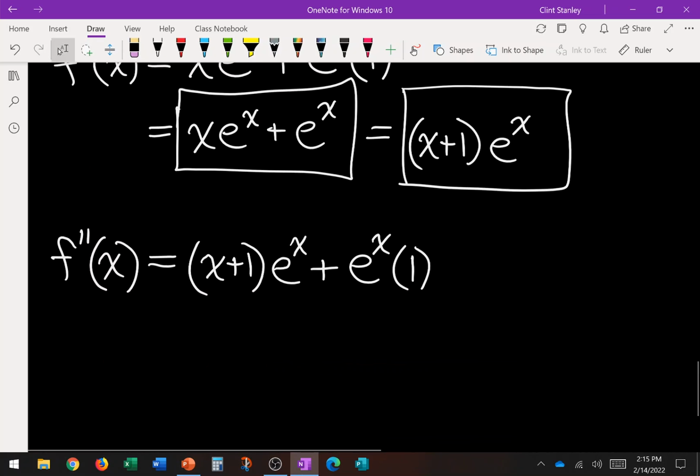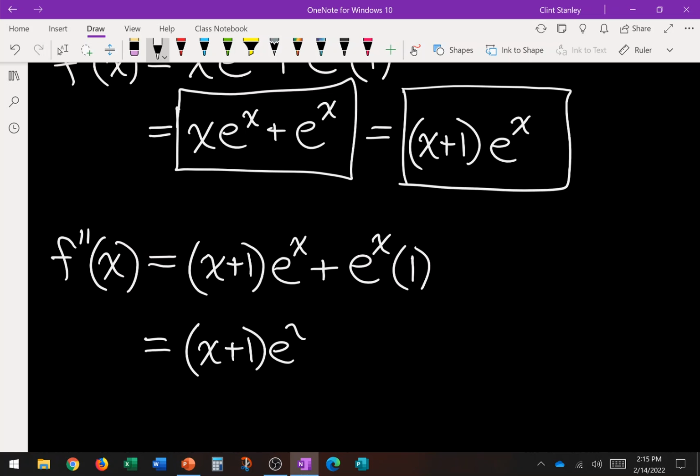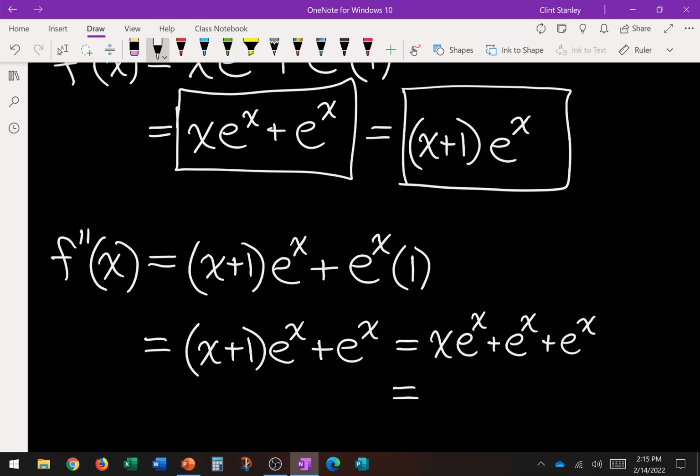And then we get, or we could distribute now. x e to the x plus 2e to the x.